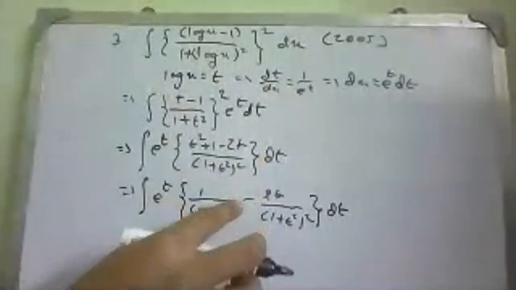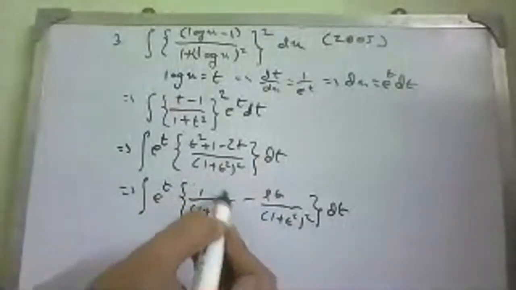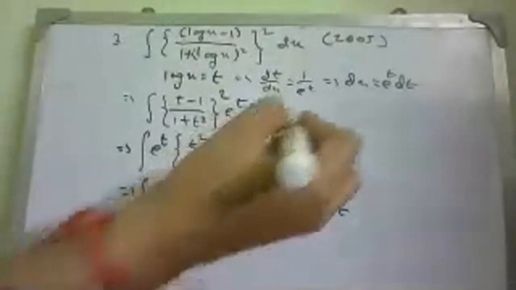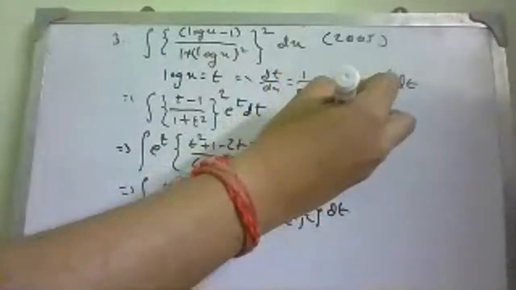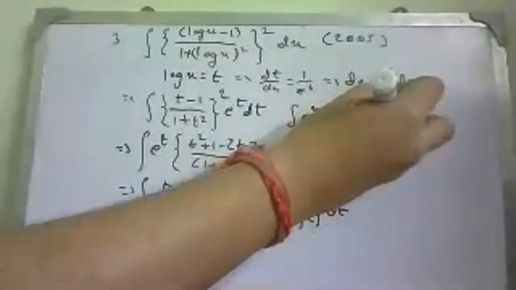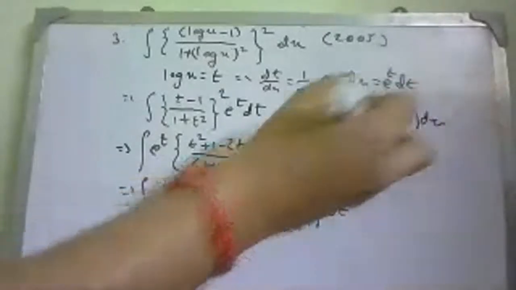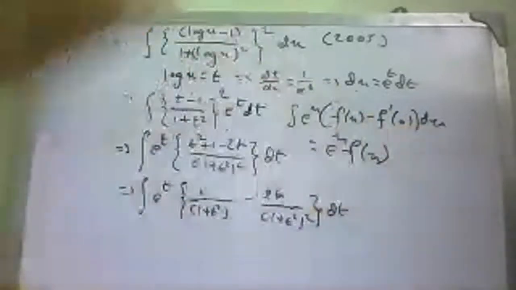If you notice very carefully, differentiation of this particular term is this particular term, and we know that the integral of e to the x of f of x plus f dash x dx is nothing but e to the power x f of x.